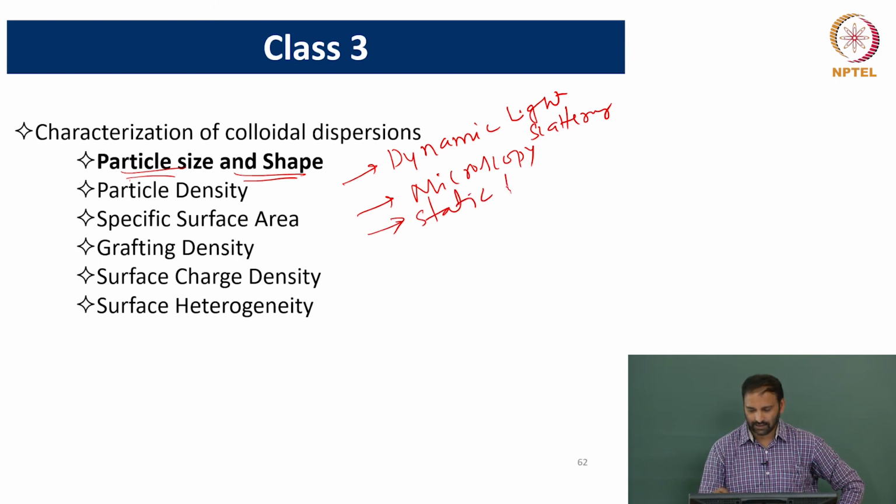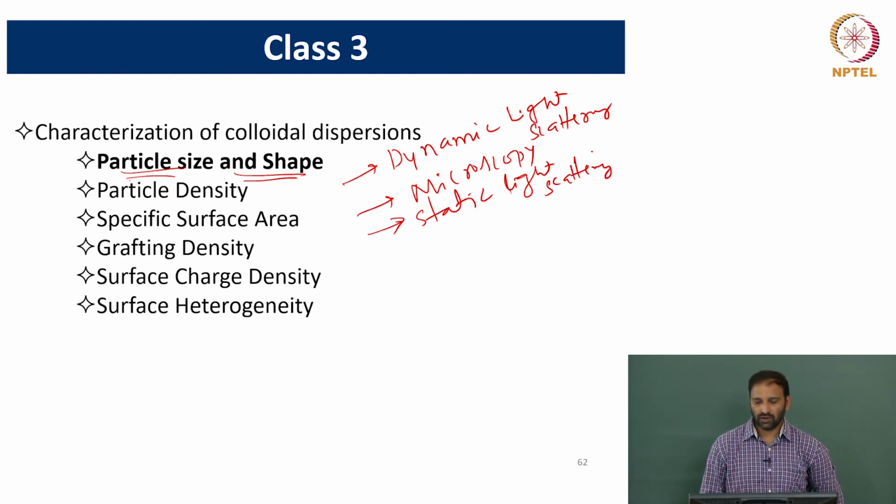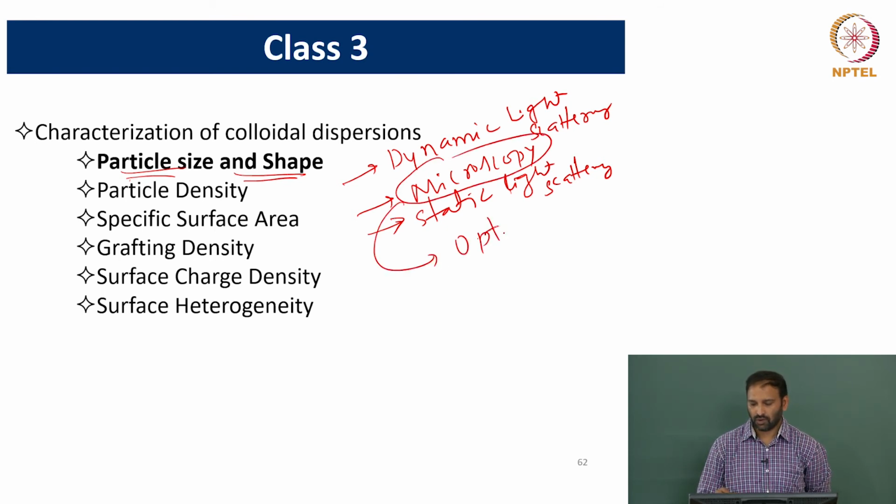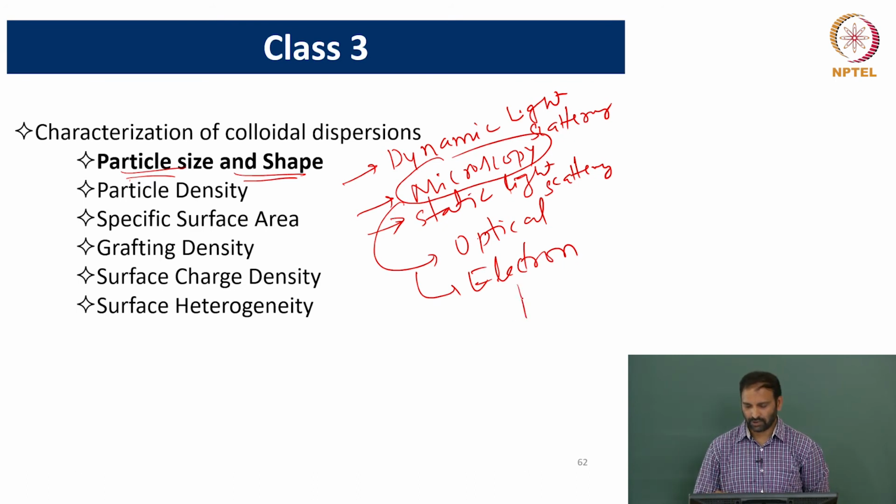There are also techniques called static light scattering, right? Again, in microscopy you have optical microscopy, also electron microscopy. In electron microscopy you have scanning electron microscopy and transmission electron microscopy.